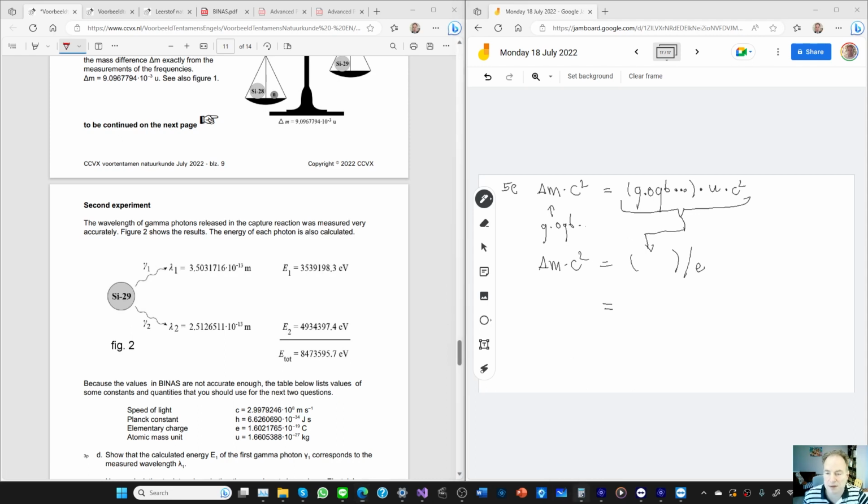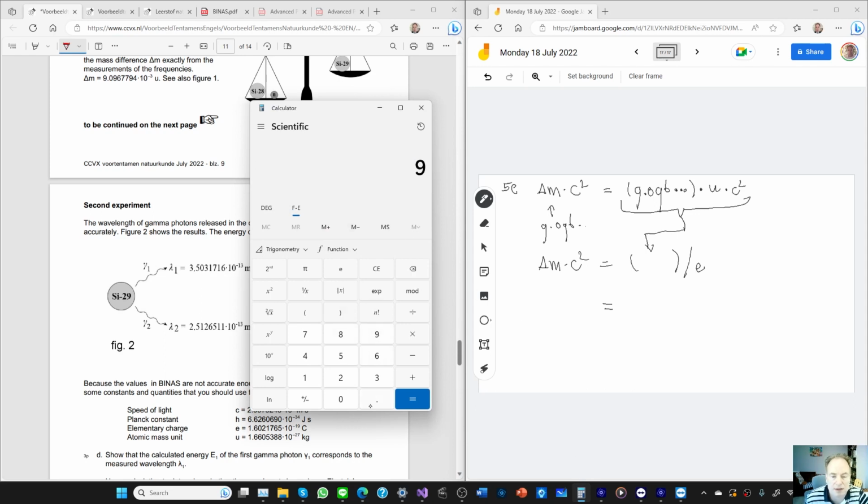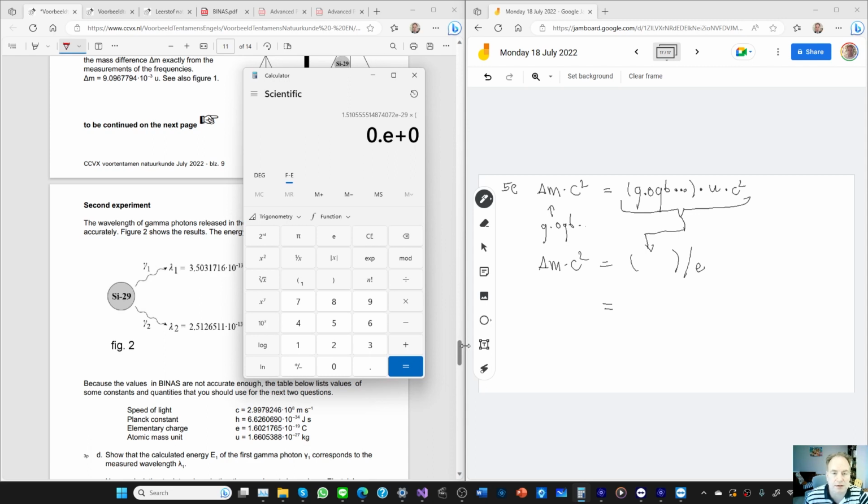Okay, and now I can put all this in the calculator. 9.0967794, then times u here, 1.6605388, equals, now I multiply by the speed of light squared, 2.9979246, and this whole thing I want to square.